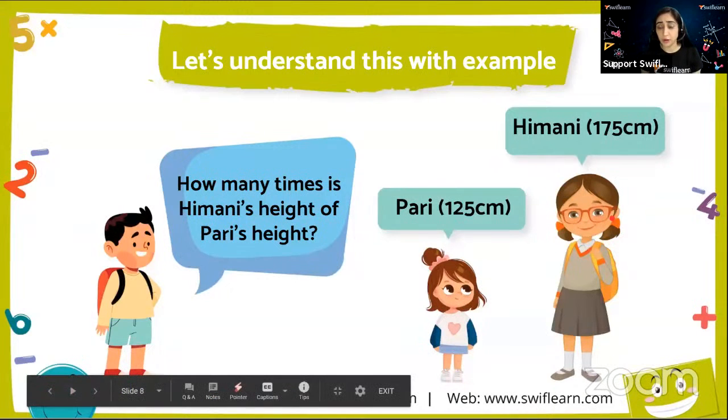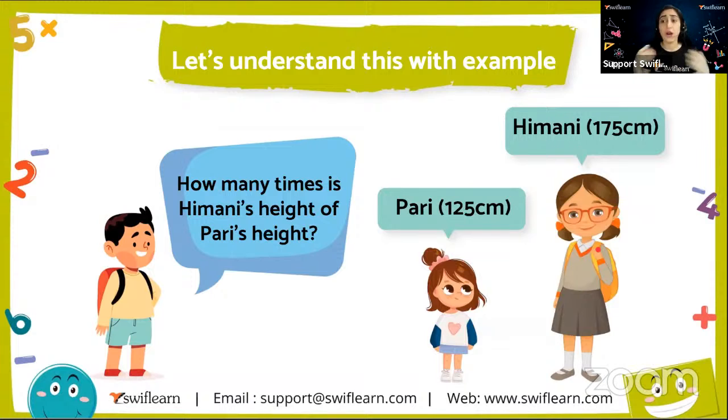I know she's taller, but if I'm comparing, it's easy. I can subtract. I know how much taller Himani is, right? This is done in subtraction and is already covered. But now the question says, how many times? It says, how many times is Himani's height to Pari's height?